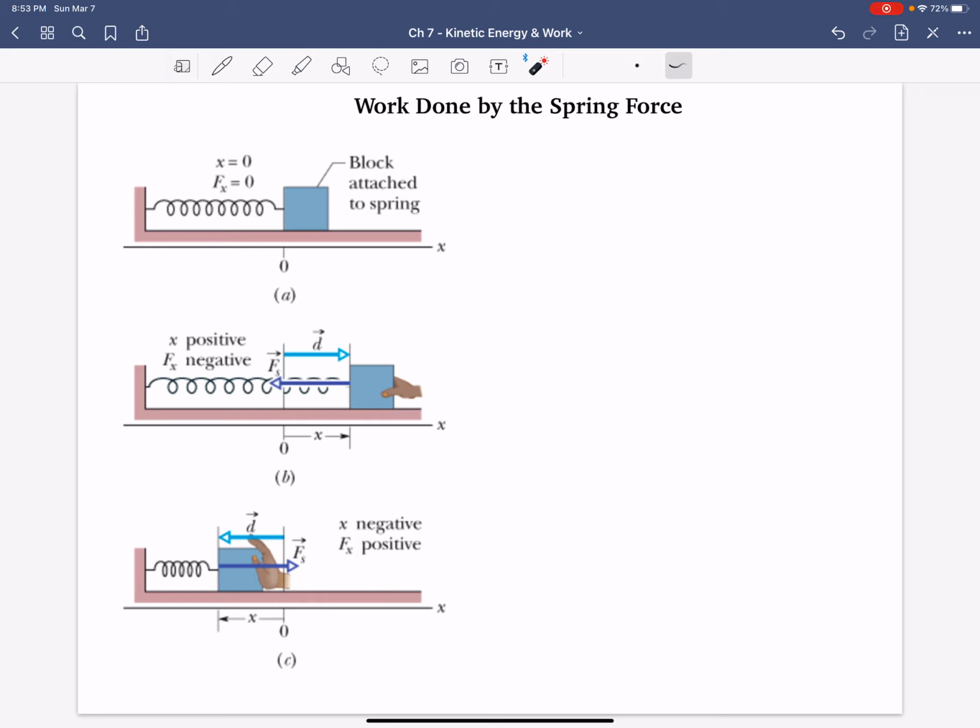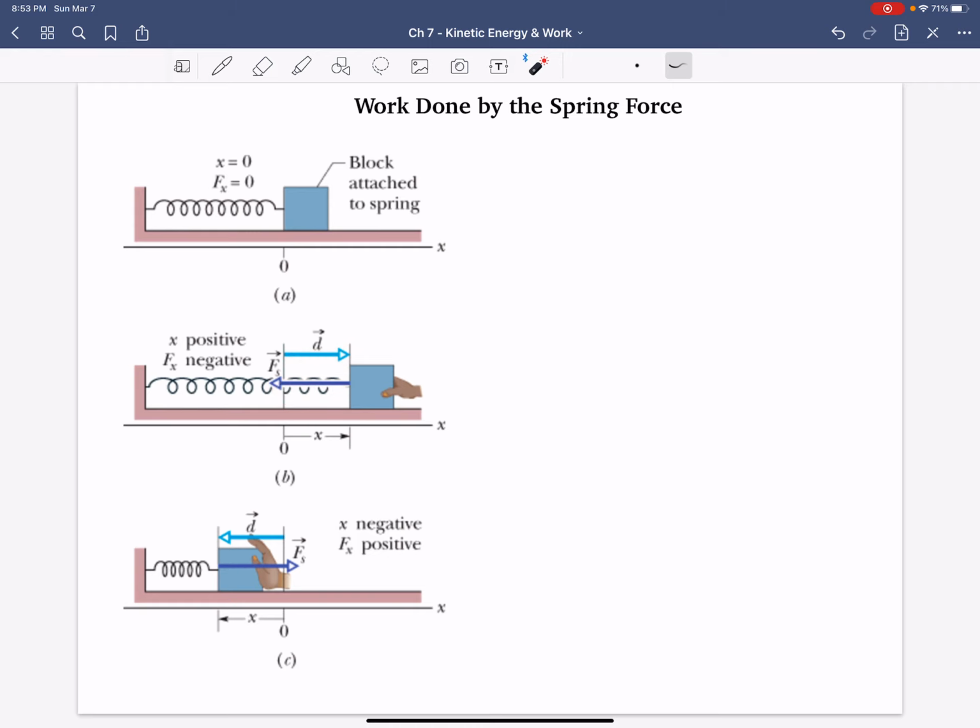In picture B, some external force, in this case a hand, comes along and pulls the block to the right, and in so doing, it makes that spring create a force that tries to pull the block back to the left. So we see the spring force always wants to pull that object back towards equilibrium if it's displaced. The displacement is to the right, the spring force is to the left.